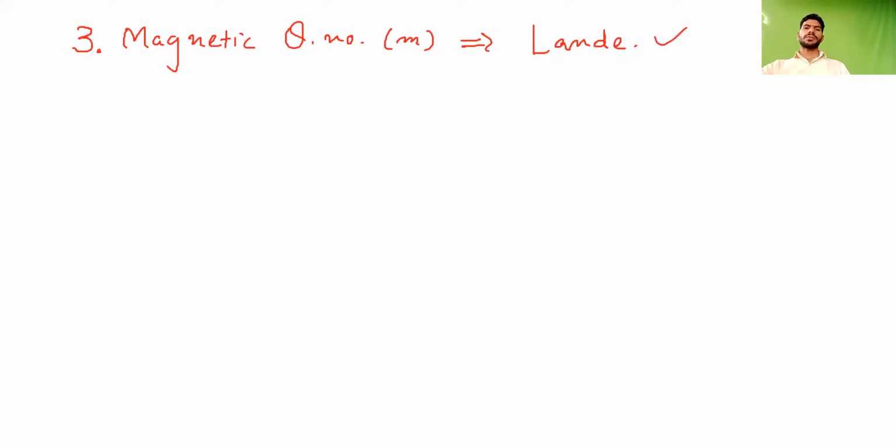This magnetic quantum number gives information about orbitals, so you will write that down. First quantum number gives information about shells. Second quantum number gives information about subshells. And this quantum number gives information about orbitals, right?